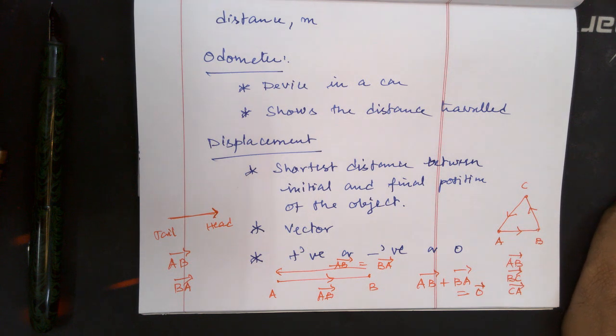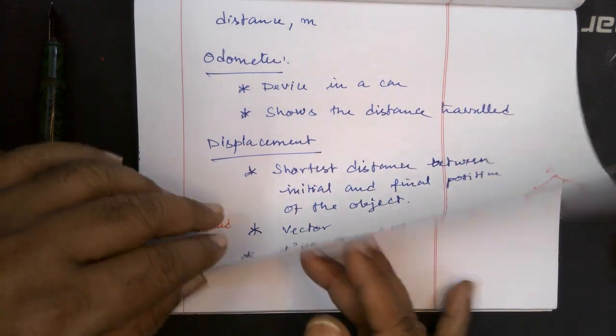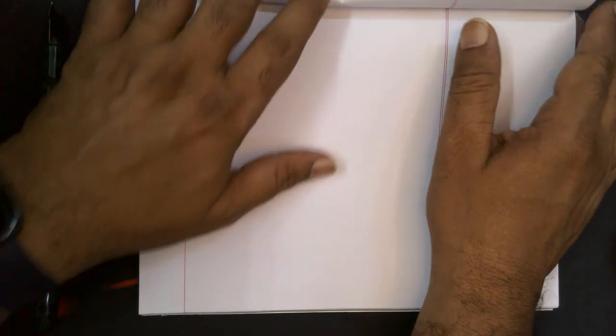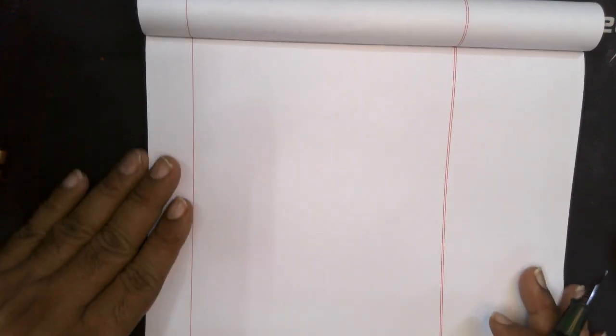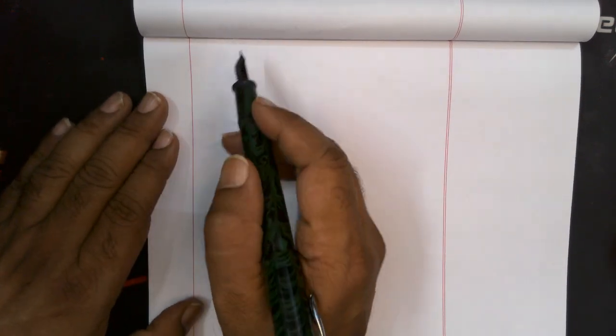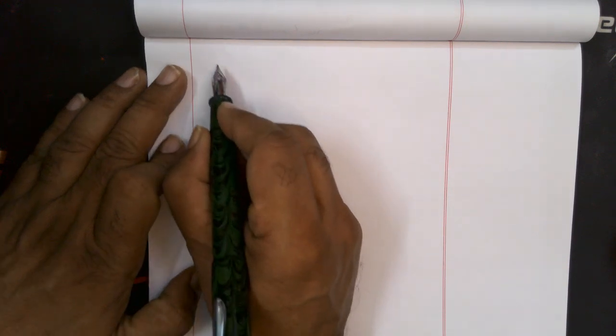Now let me explain about the linear motion, then uniform motion, then non-uniform motion. Take that. Linear motion.